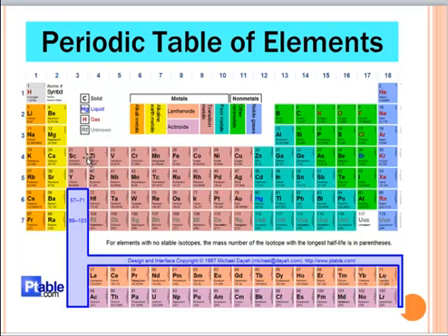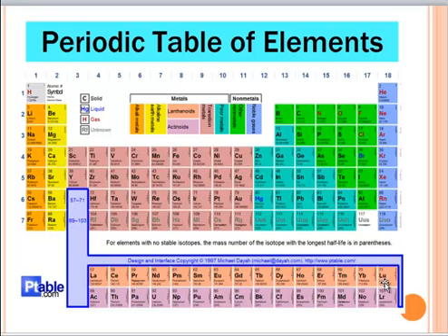And very interestingly, there are 2 columns for the ones that end up with s, 6 columns for those ending with p, 10 columns if you count correctly for those ending with d, and 14 columns for those ending with f. There's 2, 6, 10, and 14.